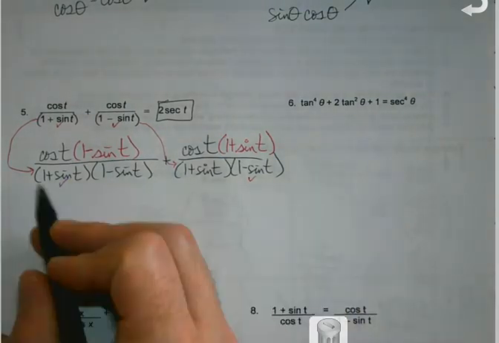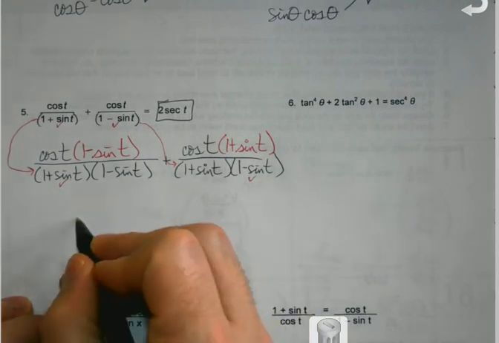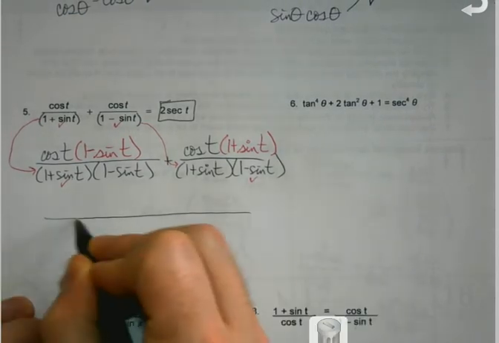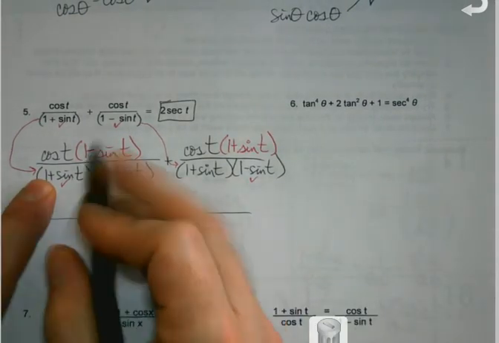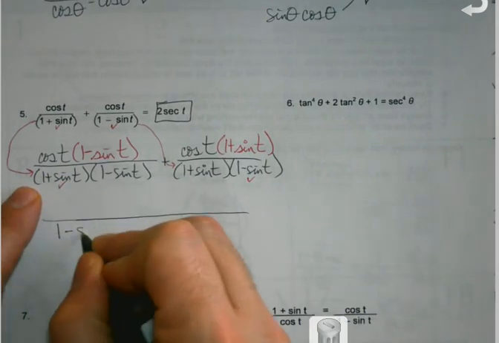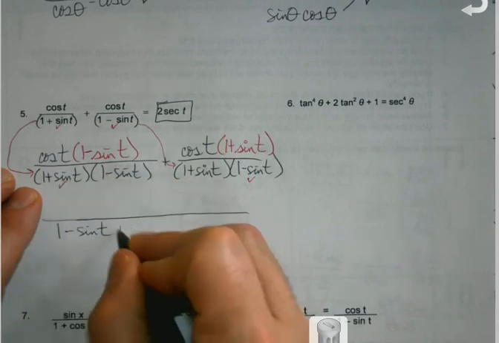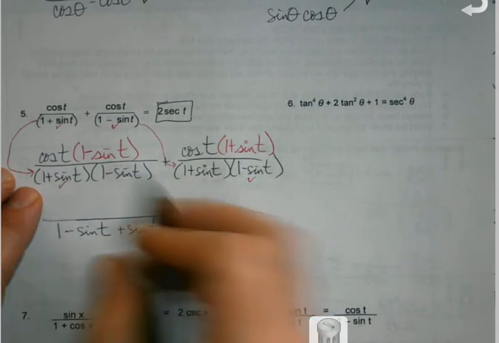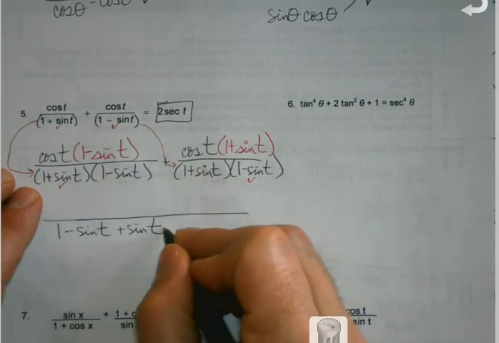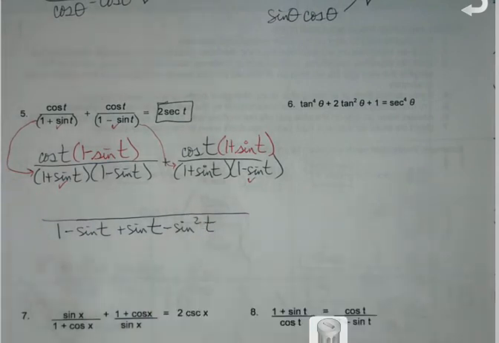My denominator, okay, if I FOIL that out, which is what I'm also going to do here. So let's see. So I'd have 1 minus the sine of t plus the sine of t minus sine squared t. That's just foiling out my denominator. Didn't have to do anything too fancy there.